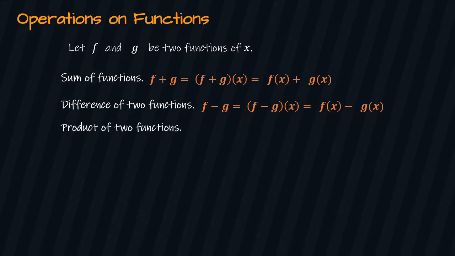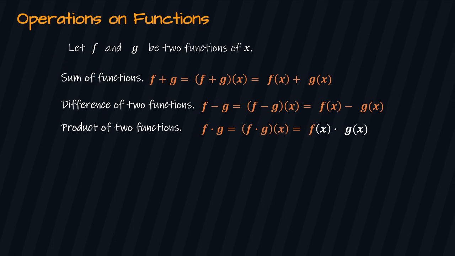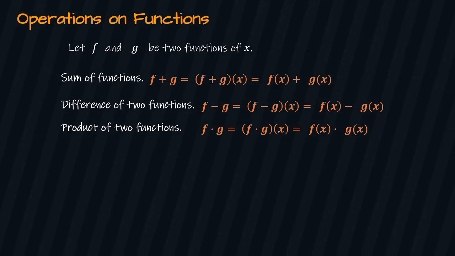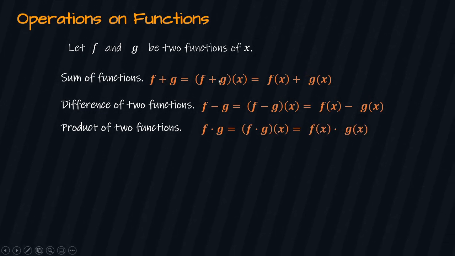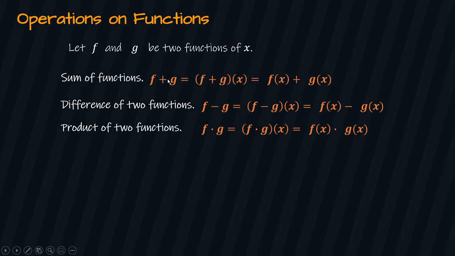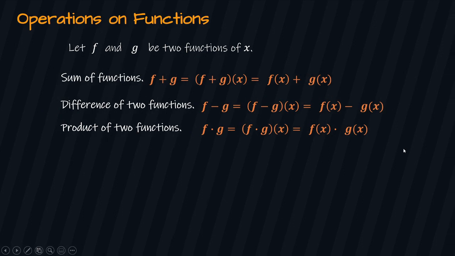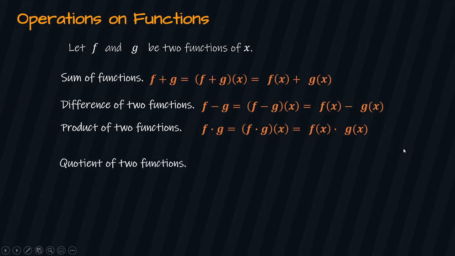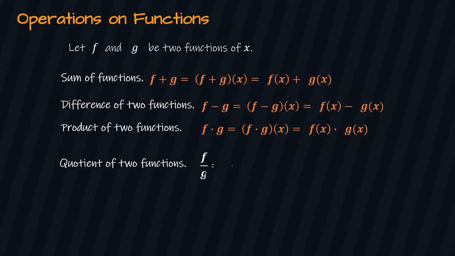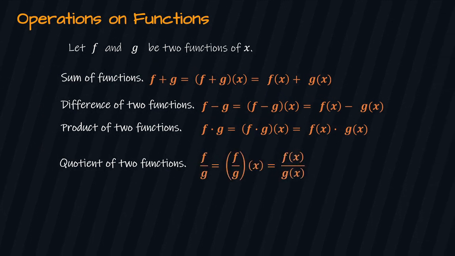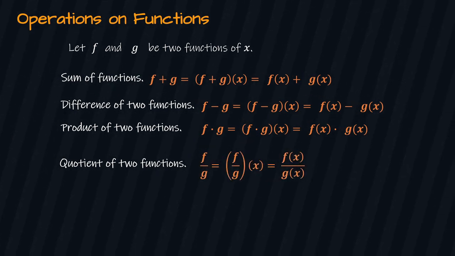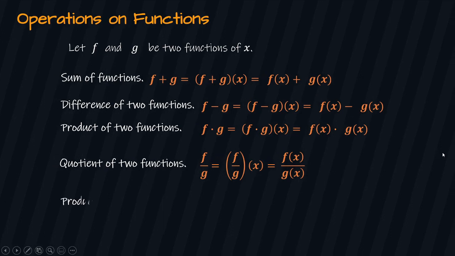Then for the product of two functions, again, we just use the same property as for addition and subtraction. And for the quotient of two functions, same for all the above operations.